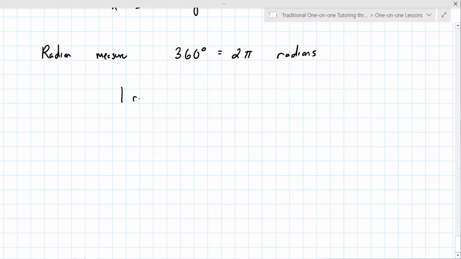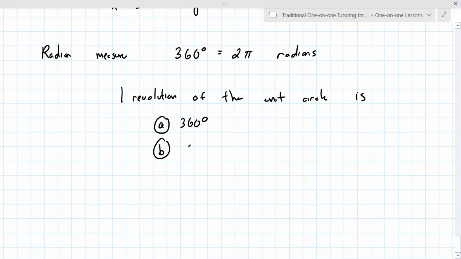So one revolution of the circle, the unit circle, is, and the multiple choice options are 360 degrees, 2 pi radians, or both.